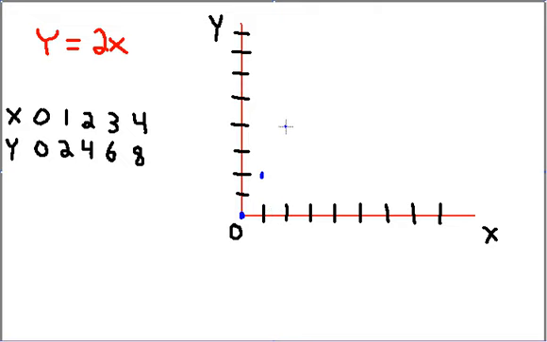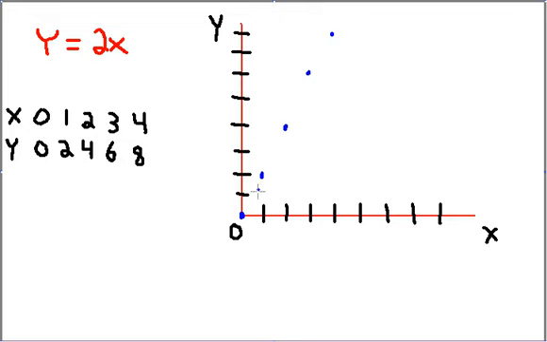So that would be up here. Our next is 3 for x, 1, 2, 3, and up 6 for y. Then our last one is x is 4, y is 8. 1, 2, 3, 4 for the x's, and the 8 is going to be all the way up here.